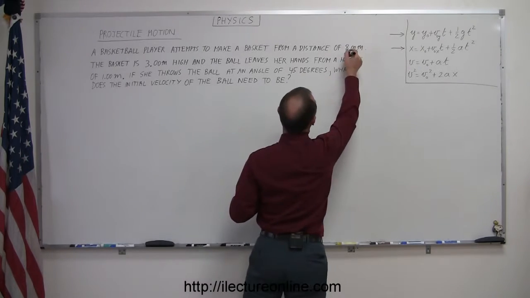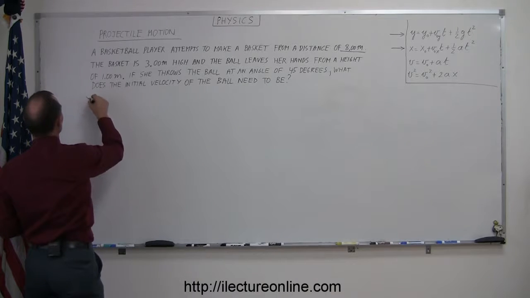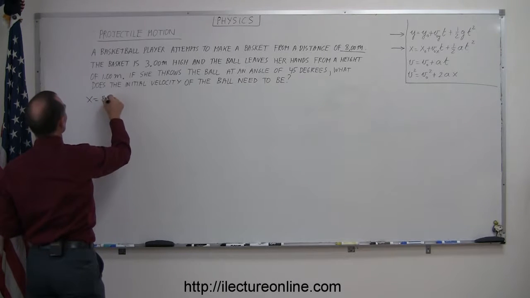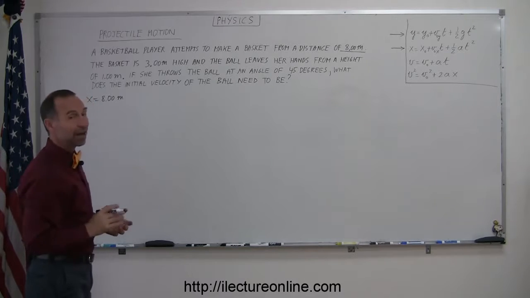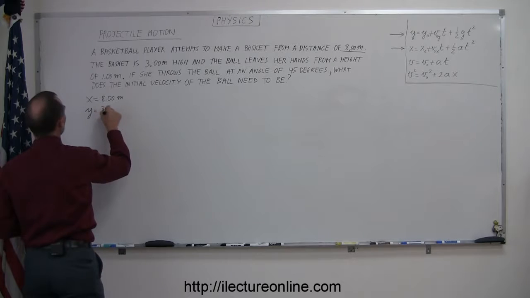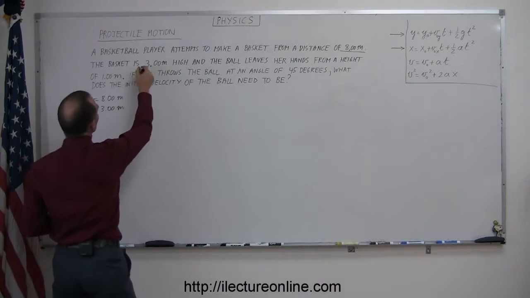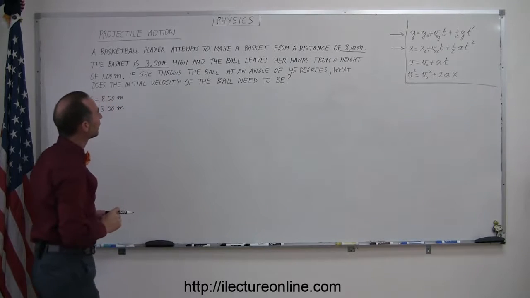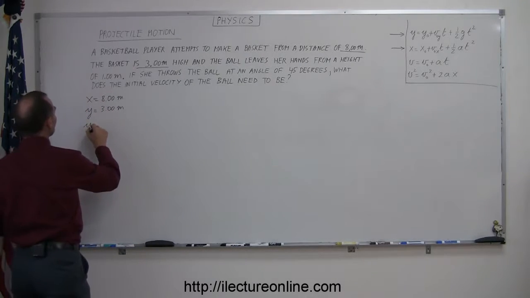It says here that the distance to the basket is 8 meters, so we can say x equals 8.00 meters. The basket is 3 meters high, so y or h is equal to 3.00 meters. The ball leaves her hands from a height of 1 meter, so that would be the initial height.